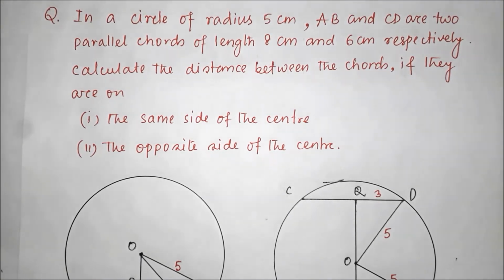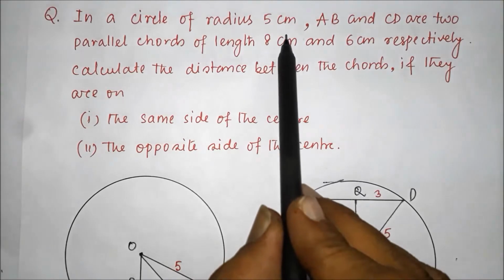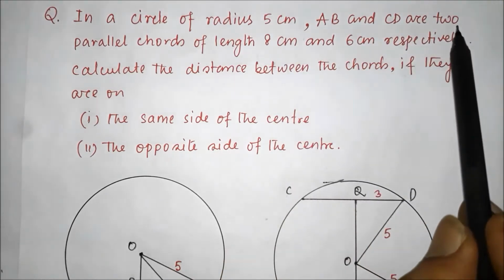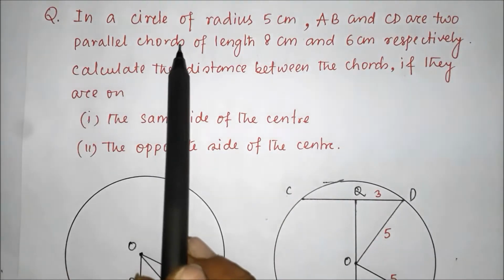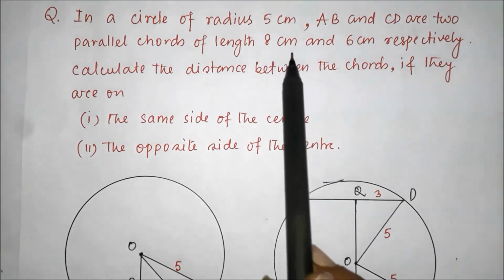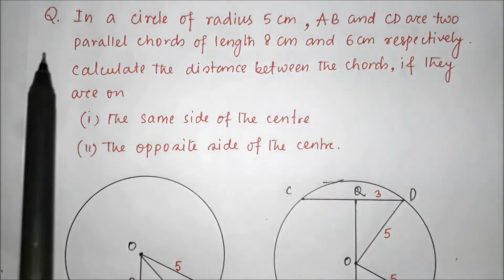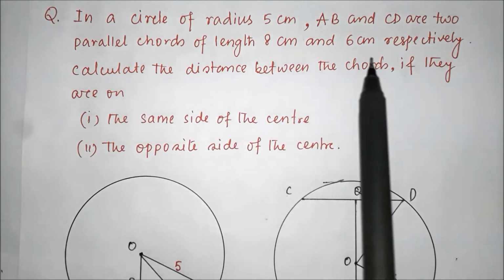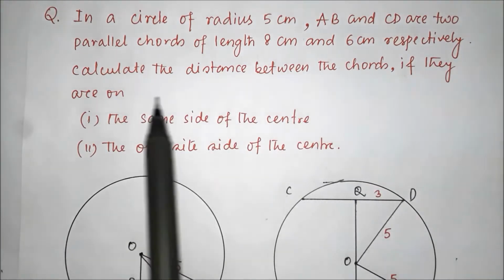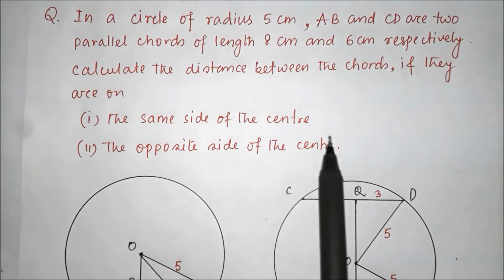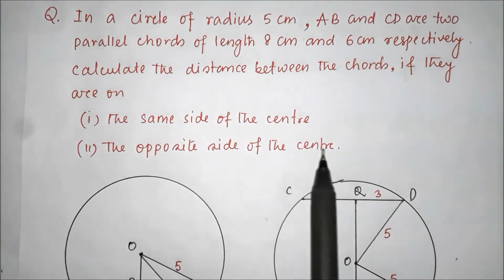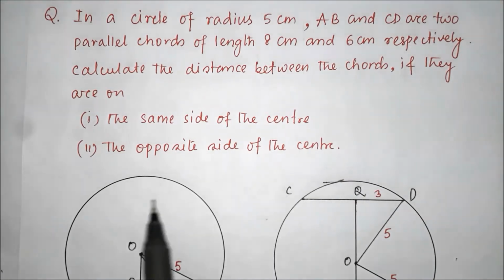In a circle of radius 5 cm, AB and CD are two parallel chords of length 8 cm and 6 cm respectively. Calculate the distance between the chords if they are on the same side of the center and on the opposite side of the center.